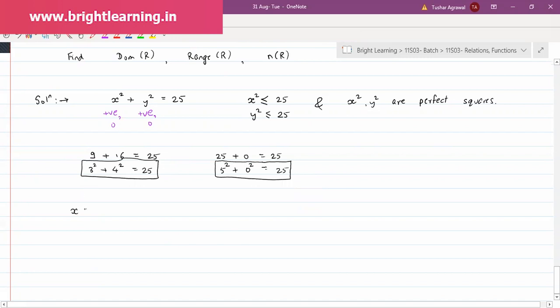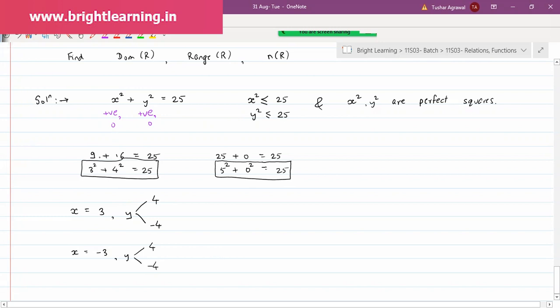So if x is equal to 3, x square is equal to 9, so y square I want to be 16, so y may be equal to 4, it may be equal to minus 4 also. If x is equal to minus 3, same case, y can be equal to 4, y can be equal to minus 4. Is this clear?